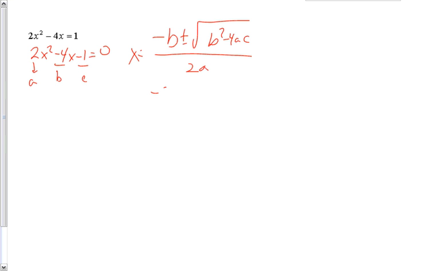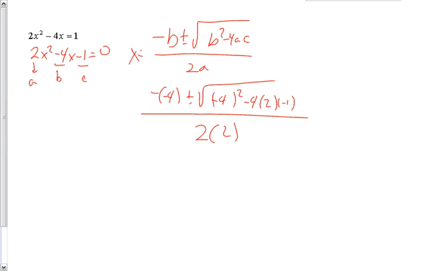So, negative negative 4 is there, plus or minus the square root of negative 4 squared. Remember, the negative is in the square, so it's going to become positive always. Minus 4 times 2 times negative 1, all over 2 times 2. That's 4 plus or minus the square root. Negative 4 squared is 16 plus 8, all over 4.